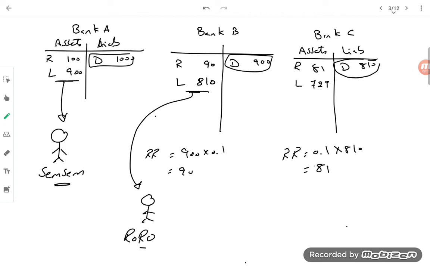It's actually a very long process to find the total amount of money deposited in the banking system. We must find a better or simpler way to solve this problem. So we can find a mathematical form to identify the total amount of money deposited in the banking system.